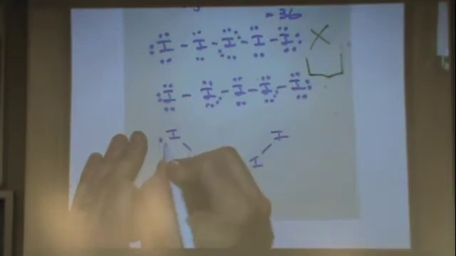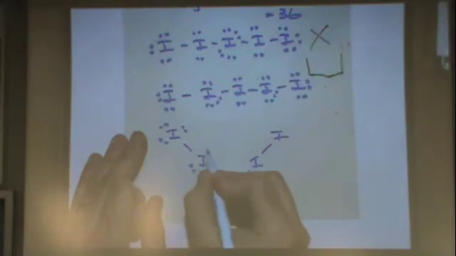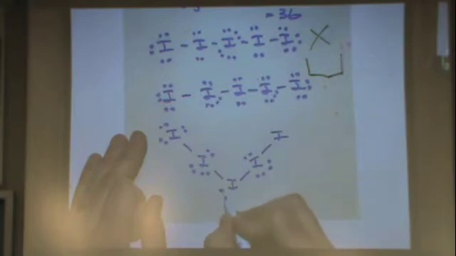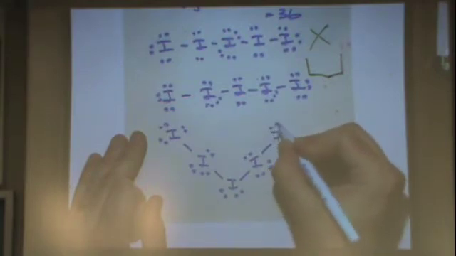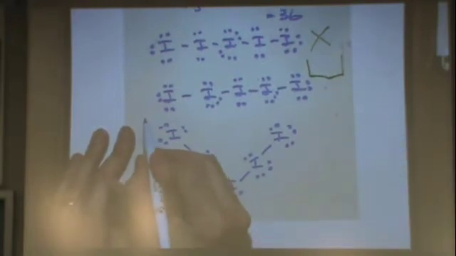Here's what it would look like. Let's put in our electrons. If we ask you to draw something on the final, and sometimes we don't, but if we do, I highly recommend drawing the correct 3-dimensional structure. Because this has a -1 charge, you put brackets around it and put a -1 there.